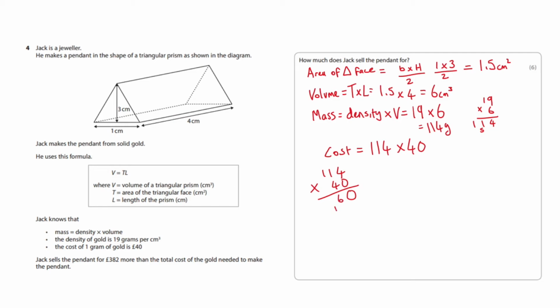Carry the 1. 1 times 4 is 4, plus the 1 is 5. And 1 times 4 again is 4. So now we have the cost, which equals £4,560.